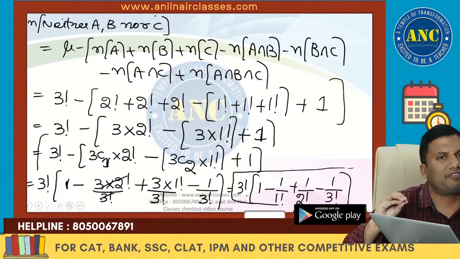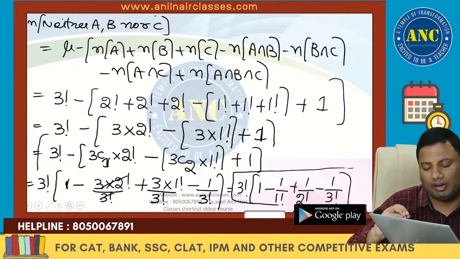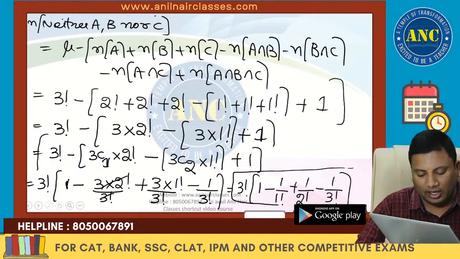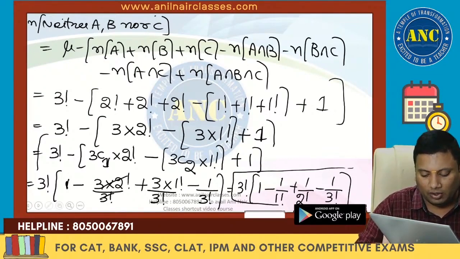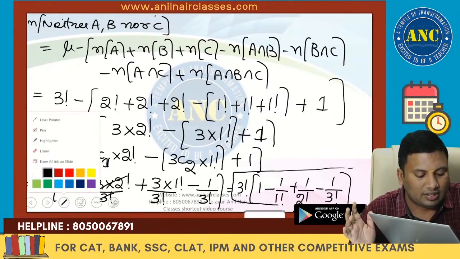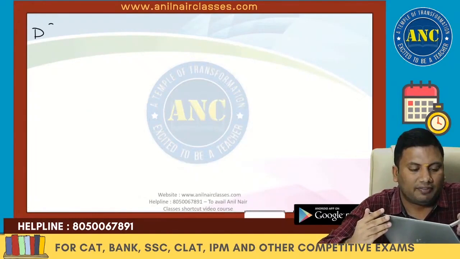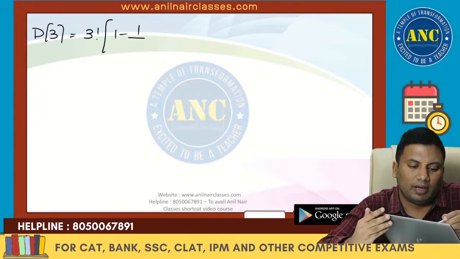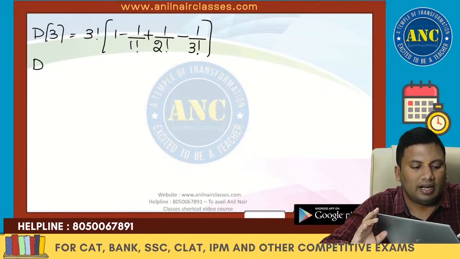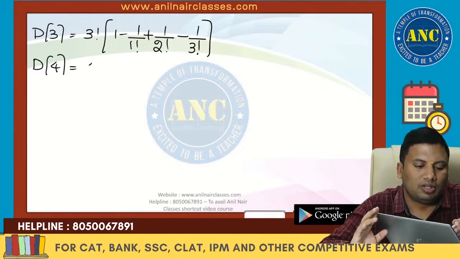Simple application of the Venn diagram can give a beautiful proof of this concept. For 3, what did I get? 3 factorial into 1 minus 1 by 1 factorial plus 1 by 2 factorial minus 1 by 3 factorial. That means, let me write D of 3: 3 factorial into 1 minus 1 by 1 factorial plus 1 by 2 factorial minus 1 by 3 factorial. Similarly, if it is 4, do the 4 set.